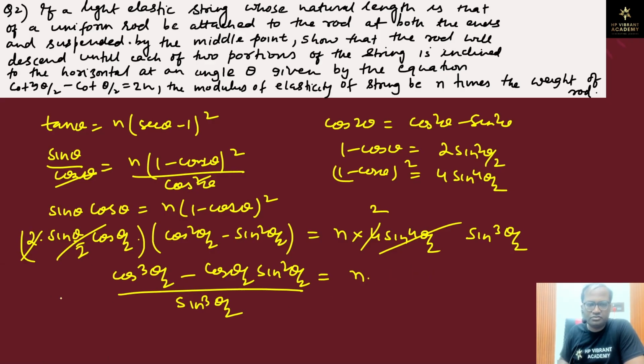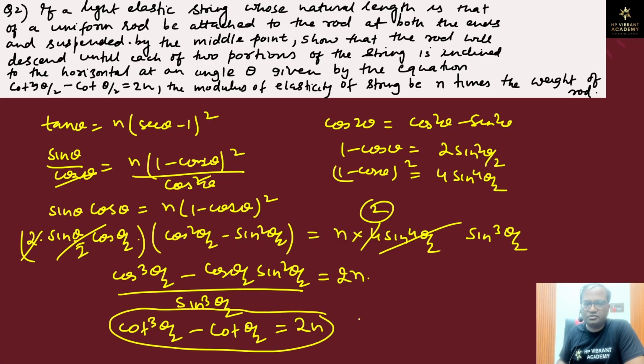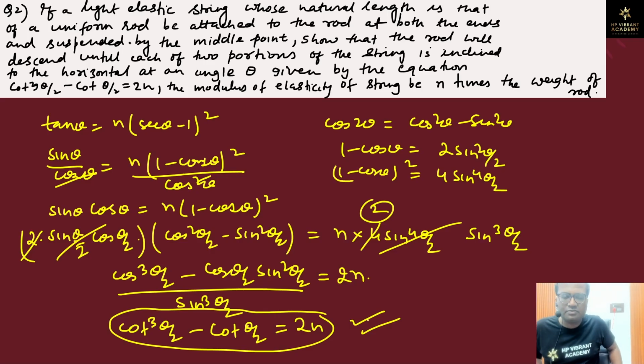So this is equal to cot cube theta by 2 minus cot theta by 2 is equal to, here 2 is there, so this is 2n actually. This is the required expression that we have to prove.